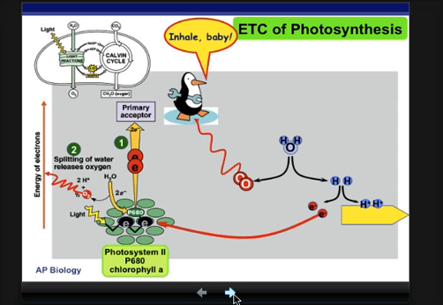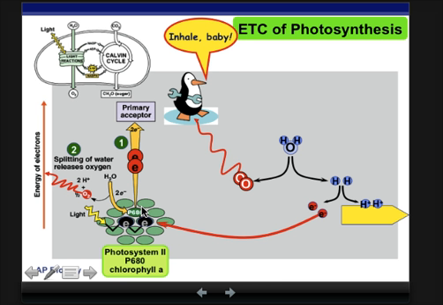If you want to see the similar image, it's on page 190, and one of the things your book points out is that the P680 is one of the strongest biological oxidizing agents that is known.